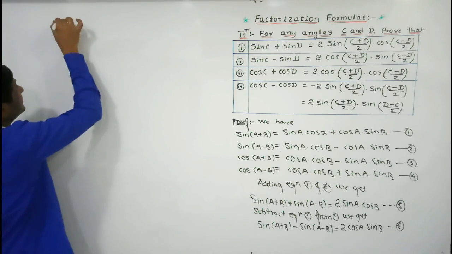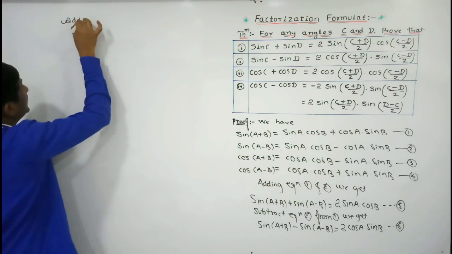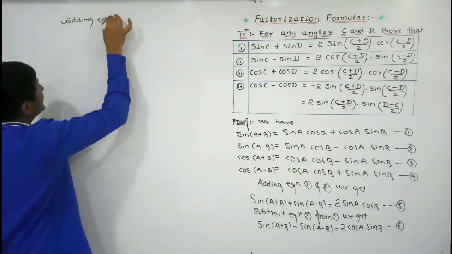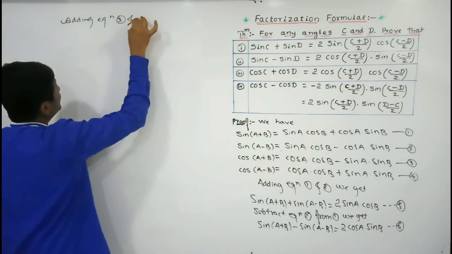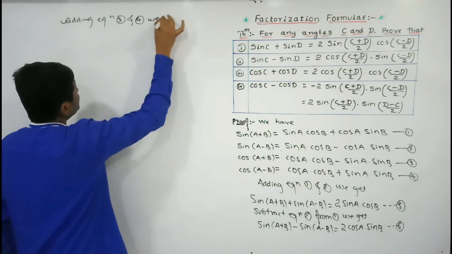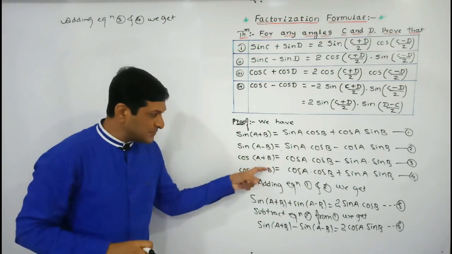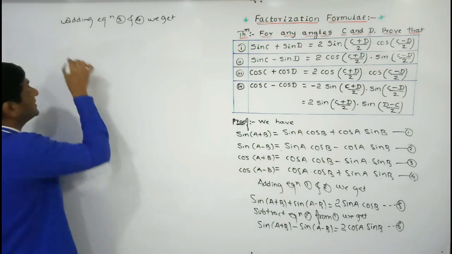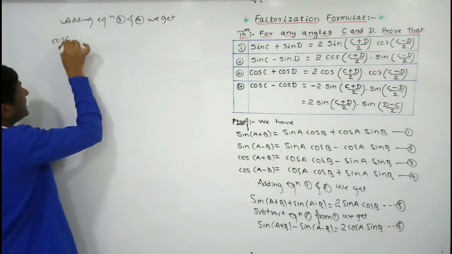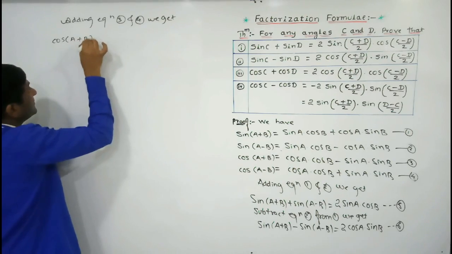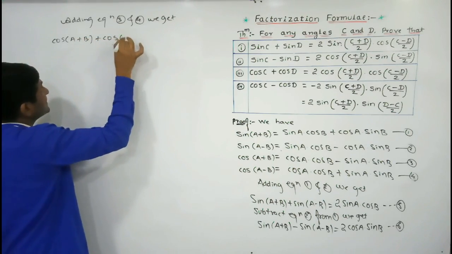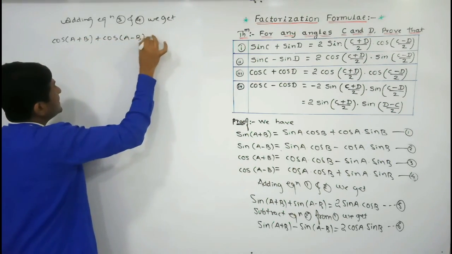Adding equations 3 and 4, on the left hand side we get cos(A+B) + cos(A-B).